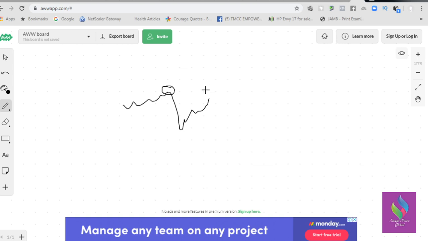Tunde, Akin, everybody is looking at that region as a region to consider. Why? Because it's a region that creates panic. It creates panic in the market. It creates fear.